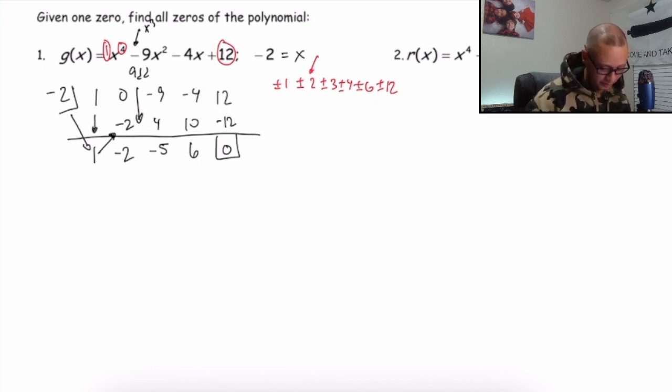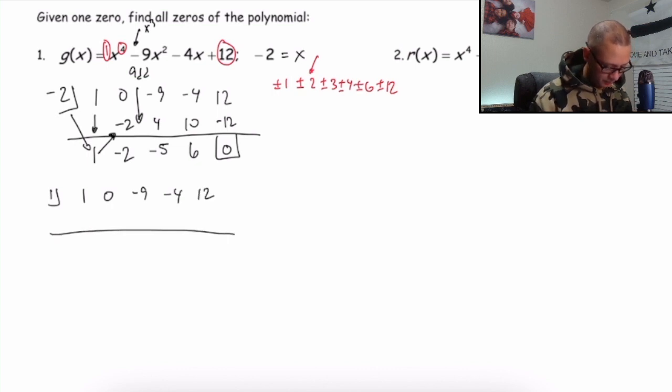-2 might work again. I mean, really, it doesn't matter where we start. The fact is that we start. So I'm just going to start with 1. Okay. Bring down the 1. 1 times 1 is 1, plus 0, times 1, plus -9, times 1.